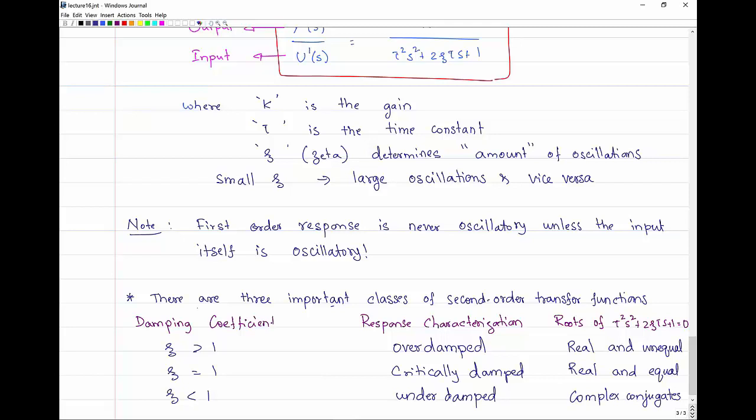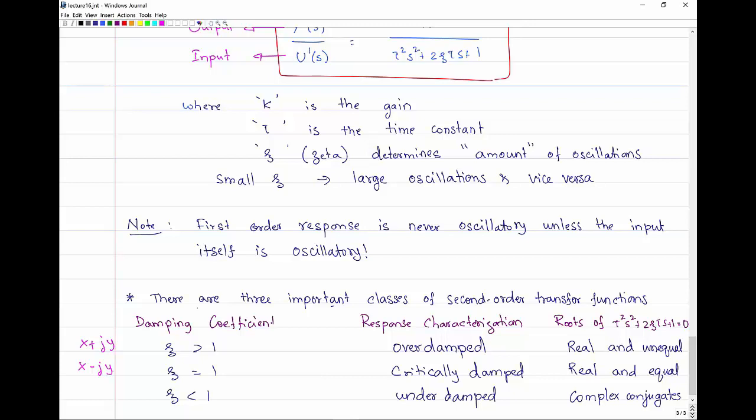If zeta is less than 1, the process is said to be underdamped, and the roots are going to be complex conjugates. In other words, if x plus jy is a root, then x minus jy must also be a root of the denominator polynomial. You never have complex roots appearing all by themselves. They always occur in pairs, in conjugates.